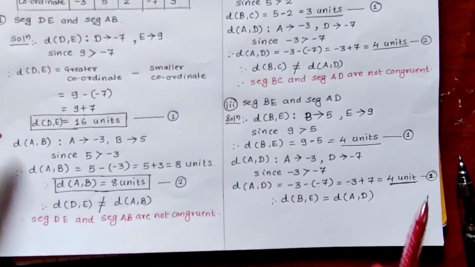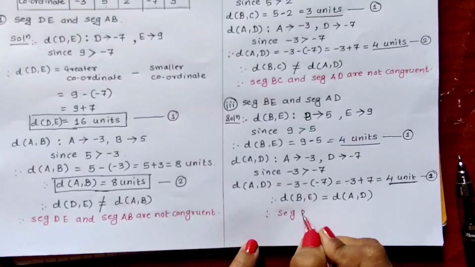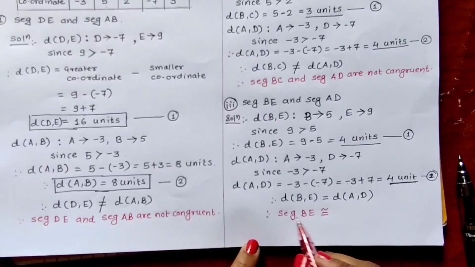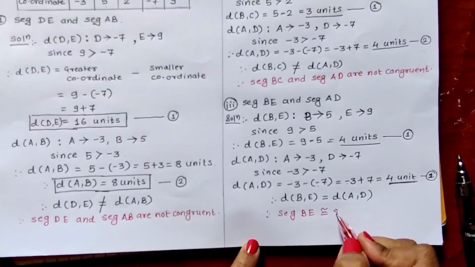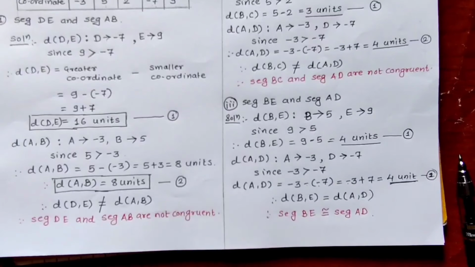So that we will be writing in the end. Therefore seg BE is congruent with seg AD. In this way we can check the congruency of two segments.